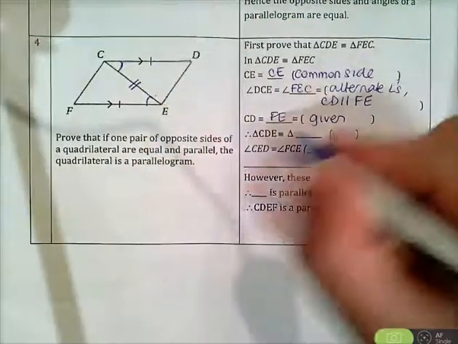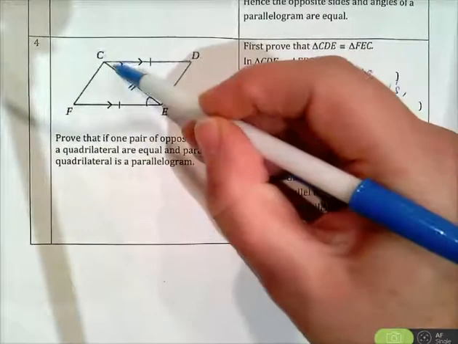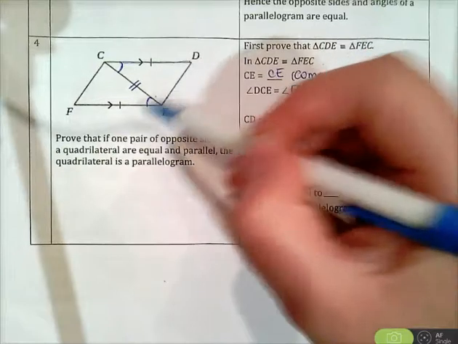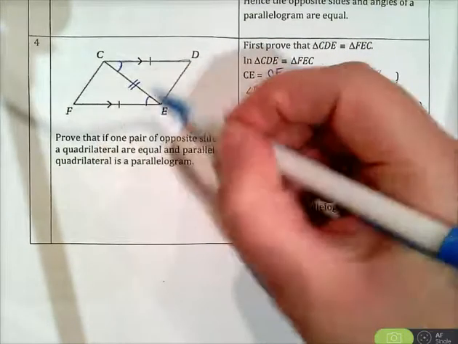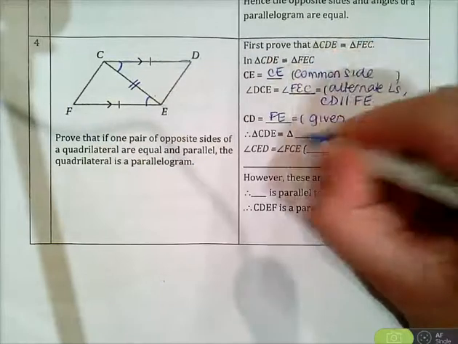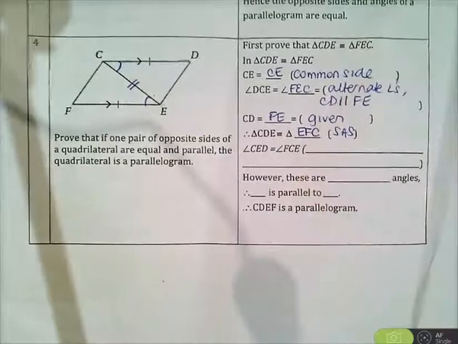So therefore, triangle CDE, which goes along the single dash side and then along the no dash side. So in the same order, that would be along the single dash side and along the no dash side, it would be triangle EFC. So that's actually written in the wrong way. And the reason is SAS.